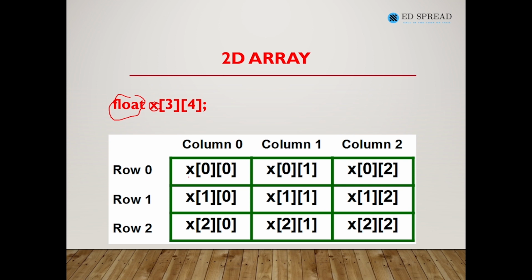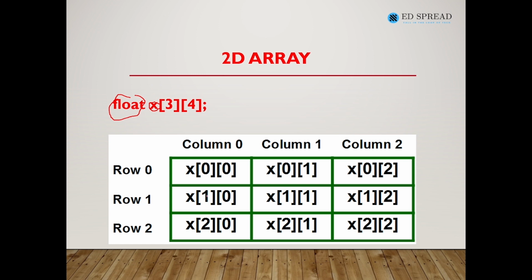That particular number will be given as x00, means that is row 0 and column 0. You might have learned this for matrices before. This is the same way how you're going to write it for two-dimensional arrays. Now there are other uses where you're going to use two-dimensional arrays, but you have learned this particular matrices. It will be very easy to understand.